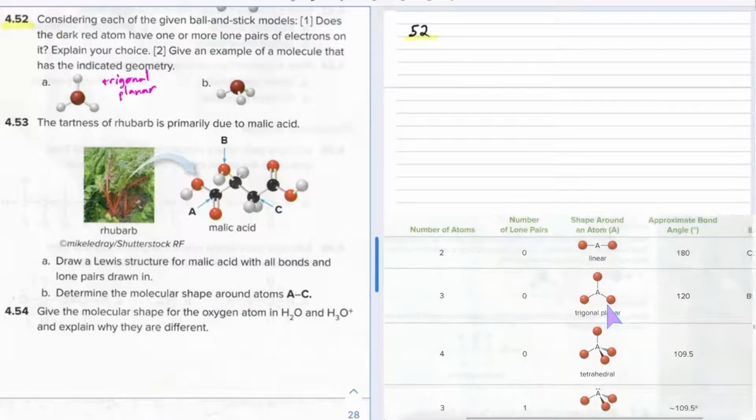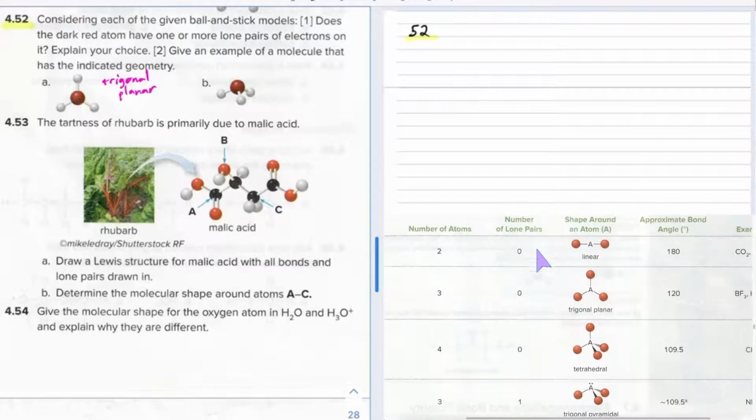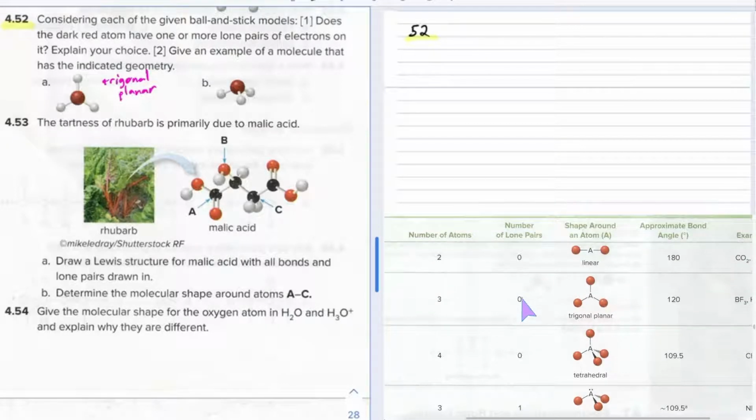And there are no lone pairs on the central atom. Sometimes there's a lone pair, but not on the trigonal planar.